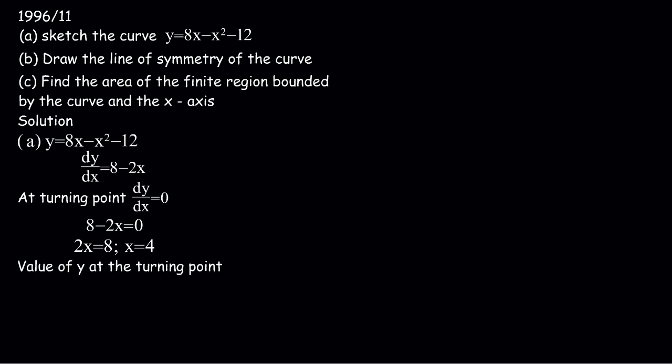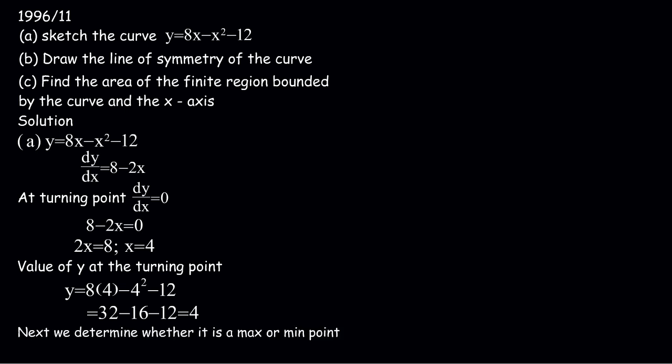Now, the value of y at the turning point, that is, substituting x equals 4 into the equation, y will be equals to 8 in bracket 4 minus 4 squared minus 12, which should be equals to 32 minus 16 minus 12, which should then be equals to 4. So at the turning point, the value of x is 4 and the value of y is also 4.